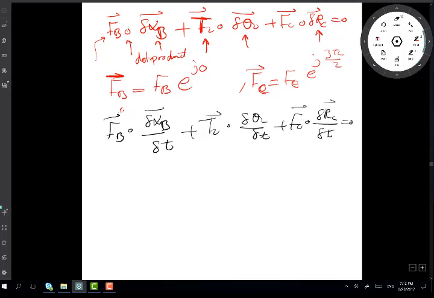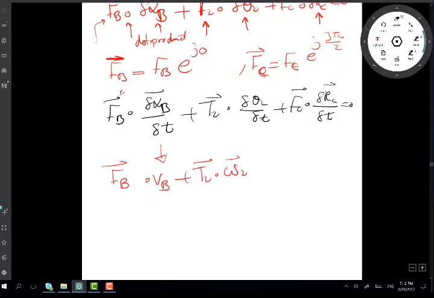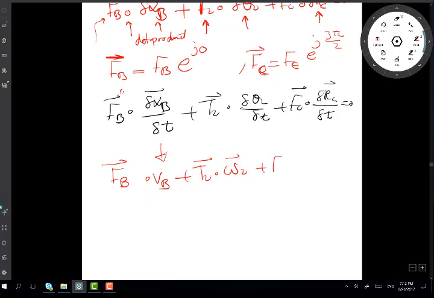Now I have velocities instead of displacements, and we are possibly more used to this formula. So this here is going to be my vector VB, FB dot VB, plus T2 dot omega 2, plus FC times velocity VC.